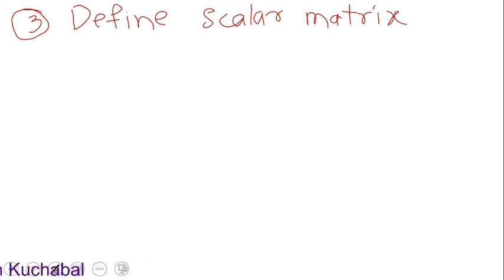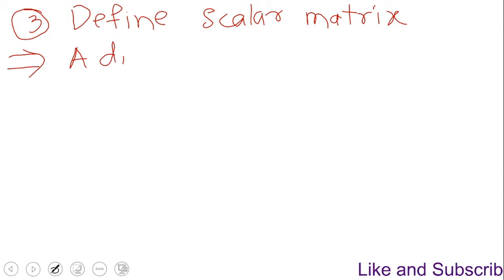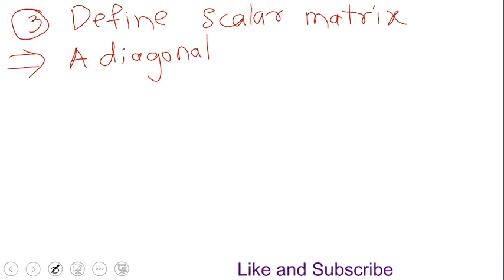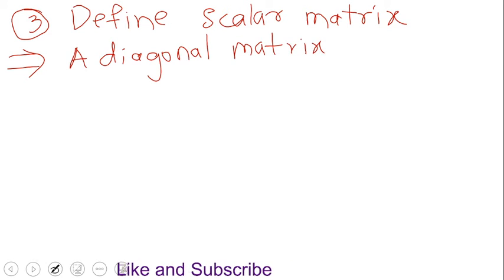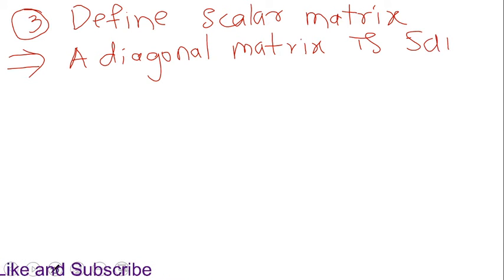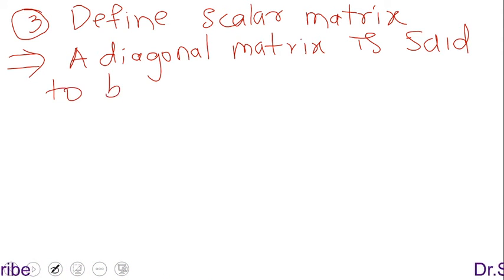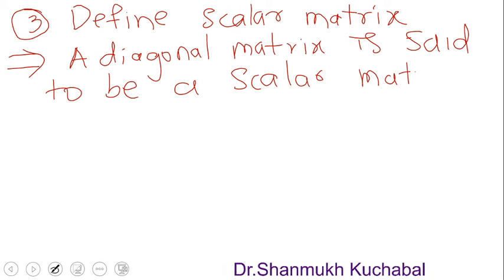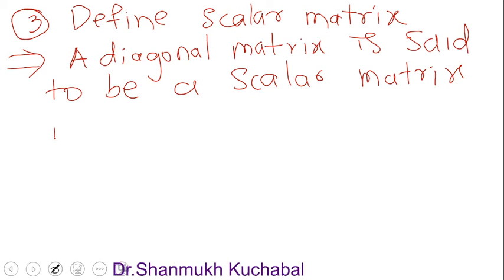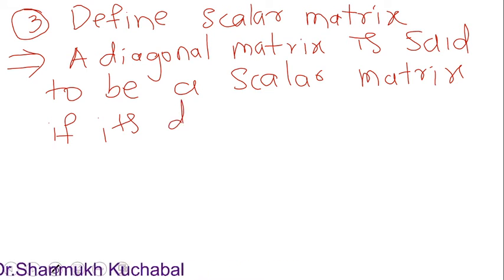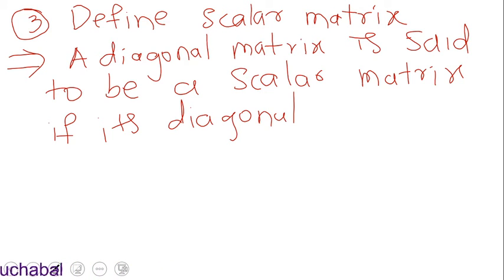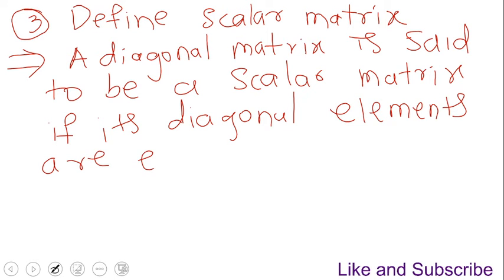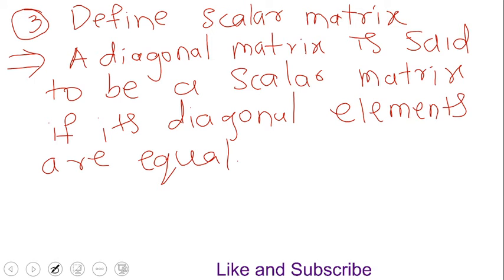A scalar matrix is defined as follows: a diagonal matrix is said to be a scalar matrix if its diagonal elements are equal. Such a type of matrix we call a scalar matrix.